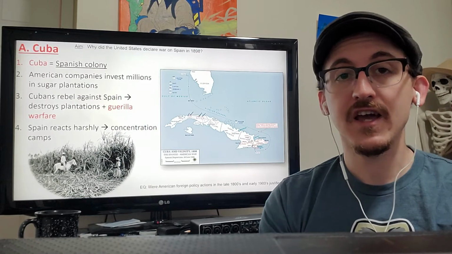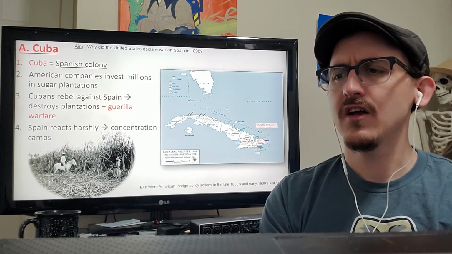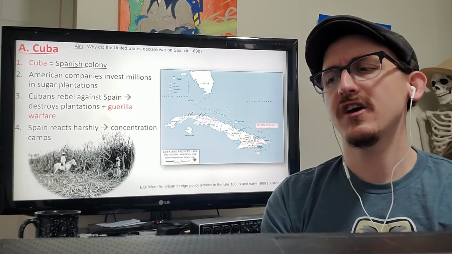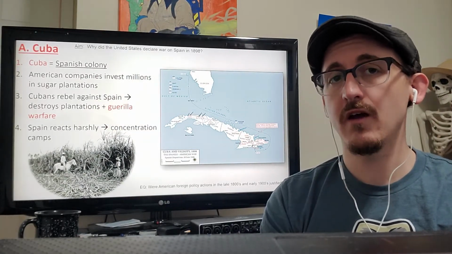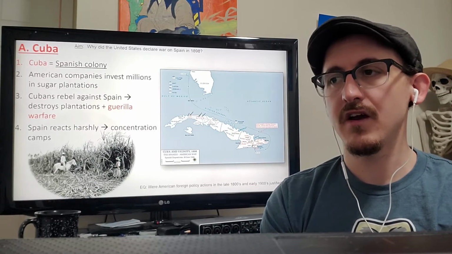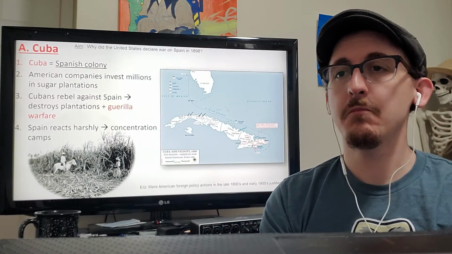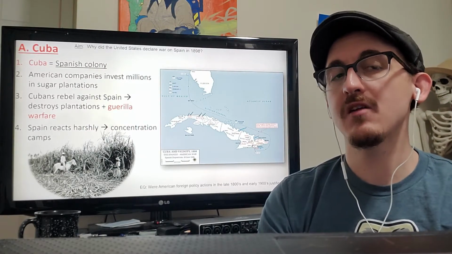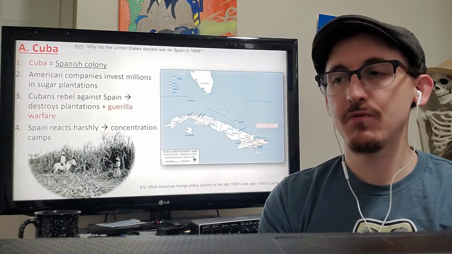There's starvation camps. And if you rebel, you're going into these starvation camps. And that's where this media piece, like I was talking about before, comes in. Because this is a point where the media goes down there and really exaggerates the story and paints it in a way that the American public can't look away, and really blows it out of proportion.